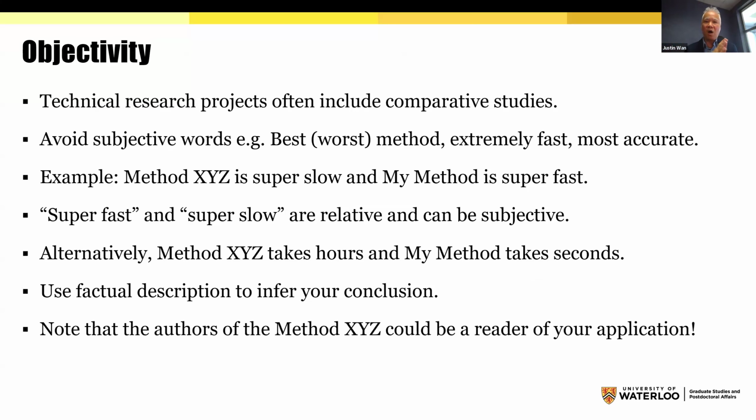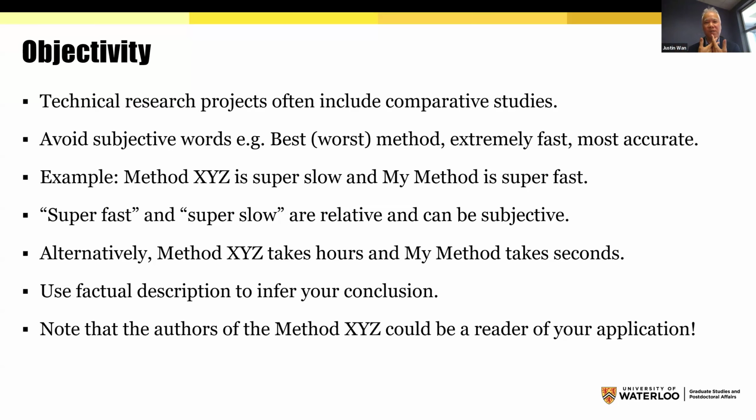Students often are overly excited about their own approach, and they usually say that this is the best method in the world, and sometimes they are overly harsh on the other methods and say that the other methods are terrible. This is not the best way.